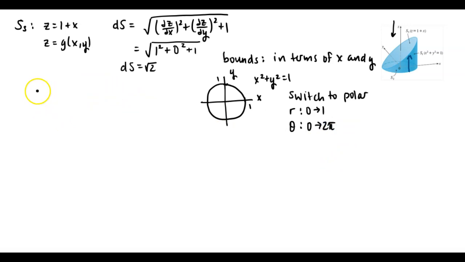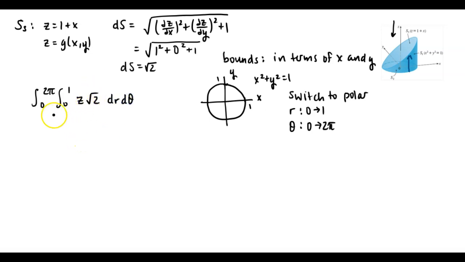And so we have this double integral from 0 to 2 pi and from 0 to 1. Our integrand is still z. And because our integrand is z, and we want to switch that to polar coordinates, well, we know that z is 1 plus x. And we know that x in polar coordinates is really r times the cosine of theta. So this is z times dS, which is root 2, dr d theta.